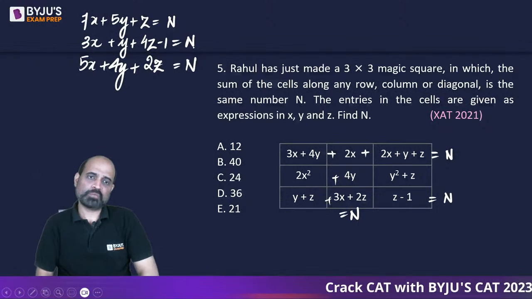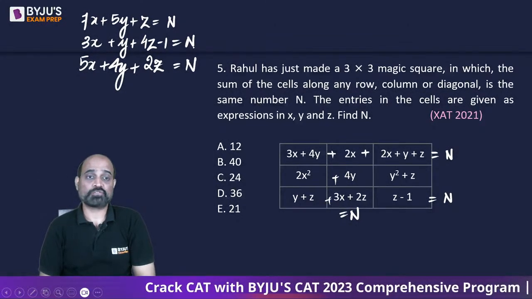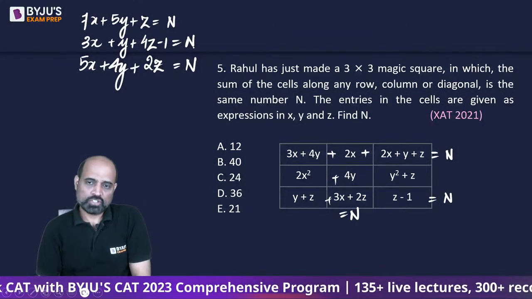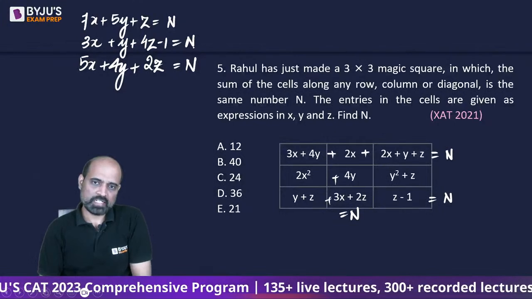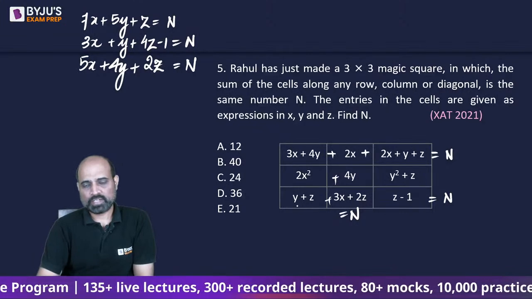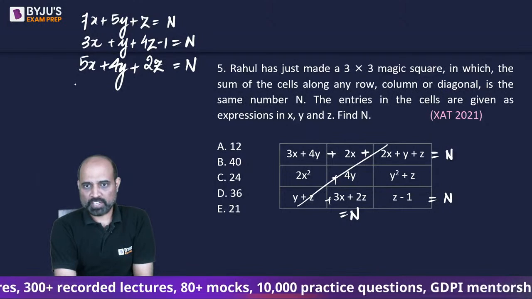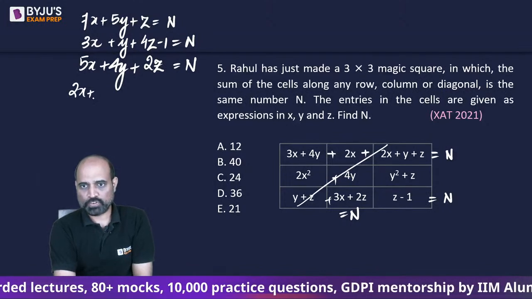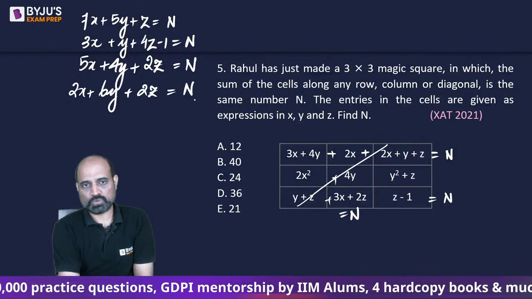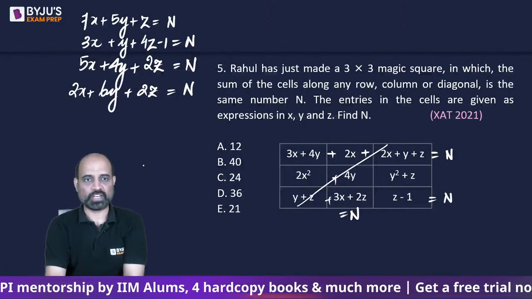Right? We have four variables x, y, z, and n, and we need four equations. So we need one more. For that, I'll take the sum of the values along this particular diagonal, which is going to give me 2x plus 6y plus 2z, and that is also equal to n. Okay, now four variables, four equations, we need to find the value of n.